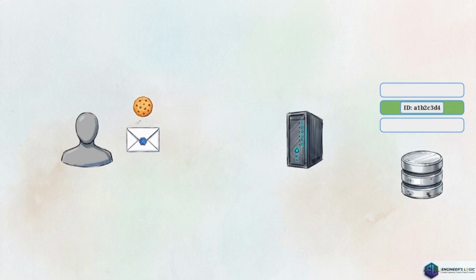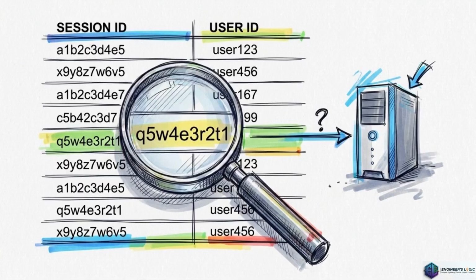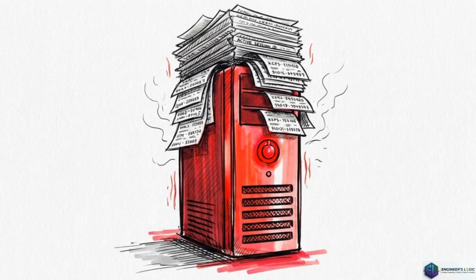The server sends this ID back using the HTTP Set-Cookie header. Browsers automatically attach this cookie to future requests, requiring no custom developer code. This is a stateful architecture. The server must actively look up the incoming ID against its internal records to identify the user. The burden of maintaining state sits entirely on the server's memory.